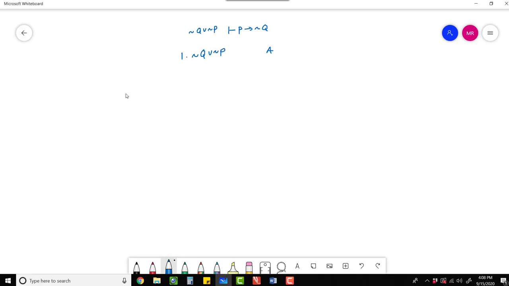Okay, the next one requires us to derive a conditional, if P then not Q, from a disjunction, not Q or not P. So in this case, because the conclusion is conditional, that's what you want to simplify first. Always simplify your project by taking on as many conditional introductions as you can in a row.